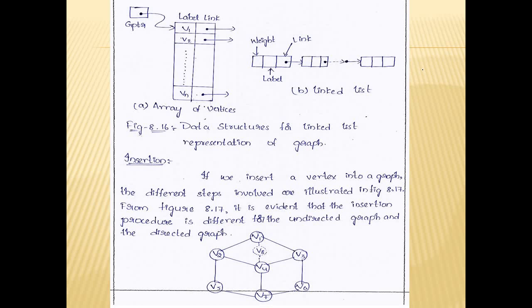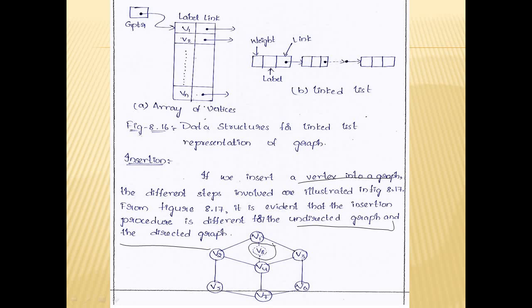Now we go with insertion. If you want to insert a vertex into the graph, the different steps involved are illustrated in figure 8.17 here. So it is evident that the insertion procedure is different for the undirected graph and the directed graph. So I want to insert V8.